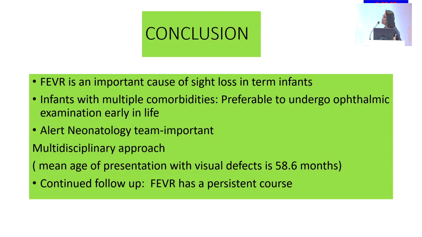A multidisciplinary team approach, which actually helped in this child's case, with the presence of an alert neonatology team, is extremely important because the mean age of presentation with visual defects for a child with FEVR is around 4.5 to 5 years. And another take-home point is that FEVR has a persistent course, so we need to make sure that the child is followed up, unlike ROP. Thank you.